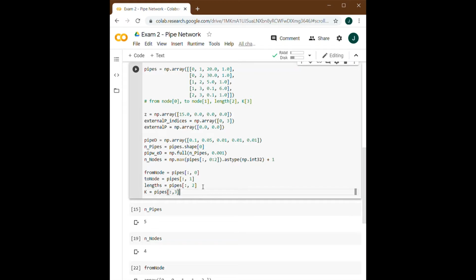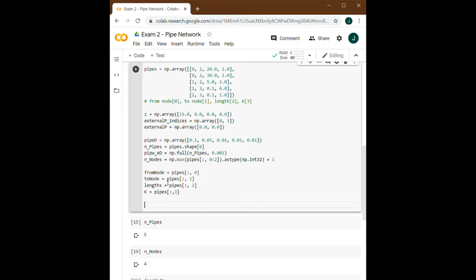So now that we have all of this information, the next thing we're going to pull out is all of our nodes that are completely within the system. Again, we could hard code it the way we did with our external ones up here. We could do that, but what we're going to do is something called a set subtraction.